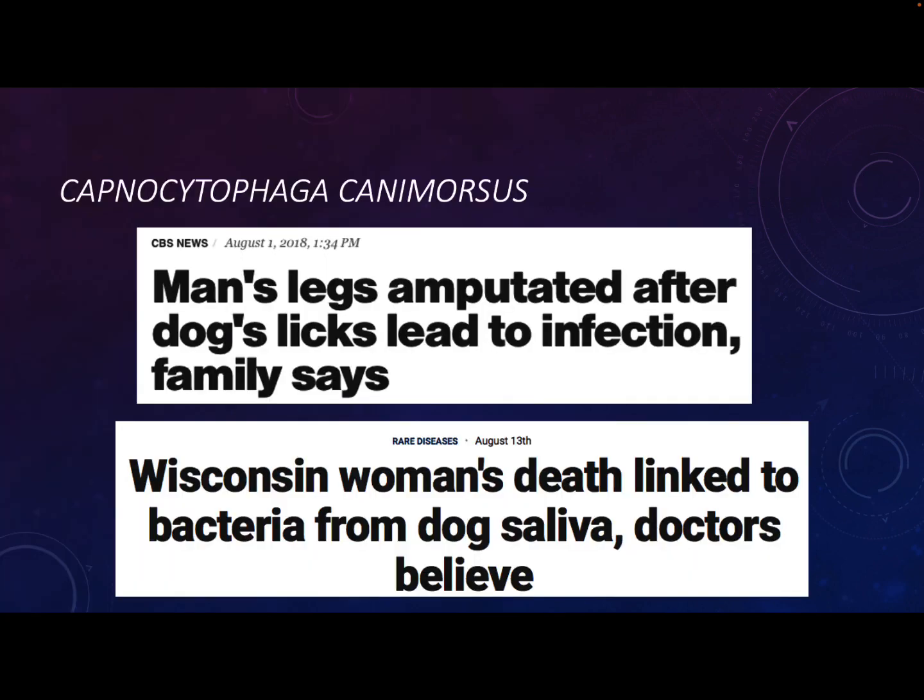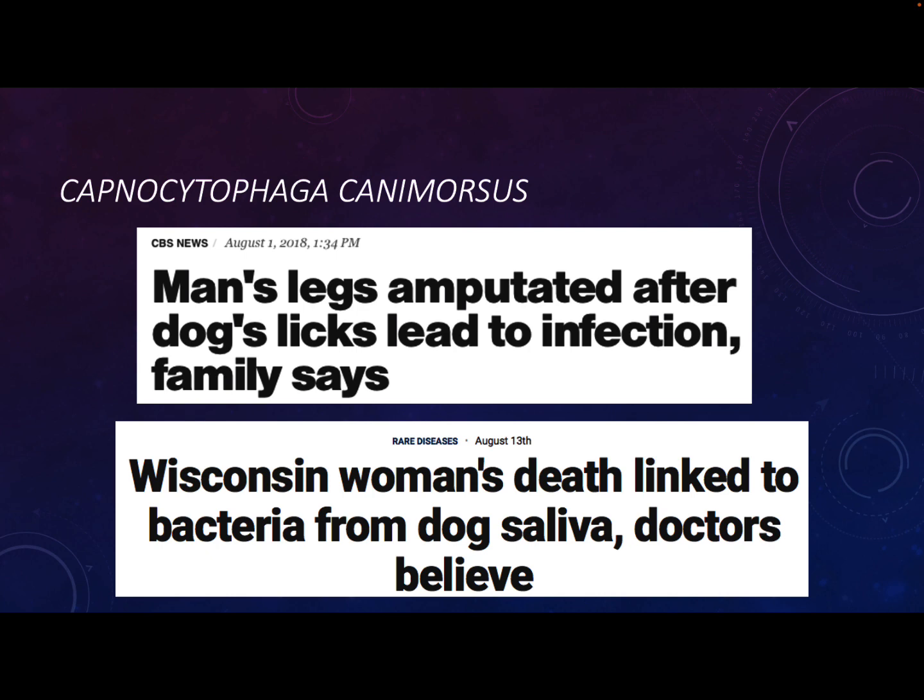But you may have read headlines like this. A man's legs were amputated after dog licks lead to infection. So what happens with that DIC, that disseminated intravascular coagulation, a lot of times with any bacterial infection that can cause that type of septic infection, when you have those blood clots, they tend to get stuck in the capillaries in the extremities, and they cut off blood flow to the extremities.